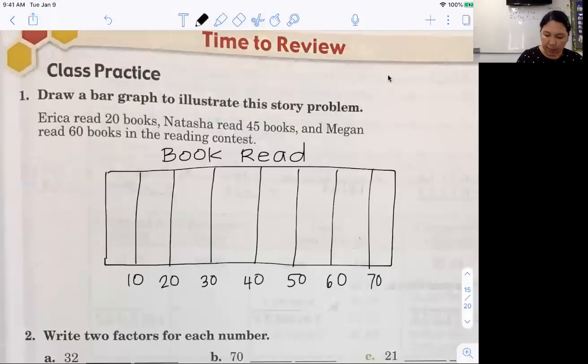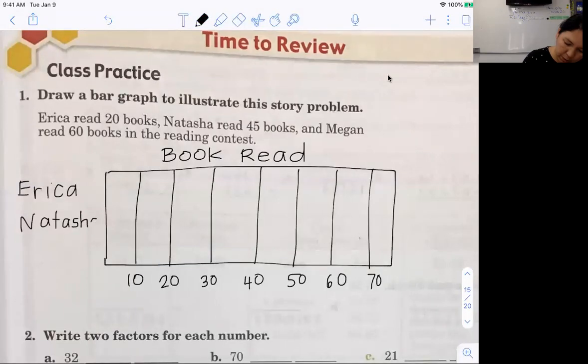And we need to write the names of the kids on the sides. This is our labels. So we've got Erica read a certain amount of books, Natasha read a certain amount of books, and Megan read a certain amount of books. Now this is the quiz part. You need to draw your bars looking at the information up here, okay?